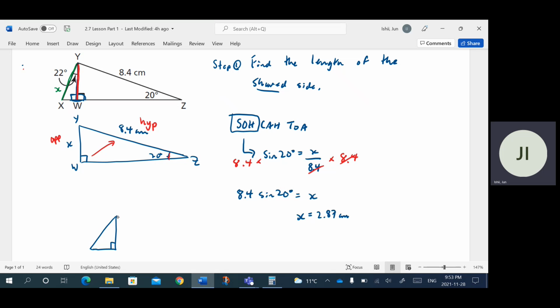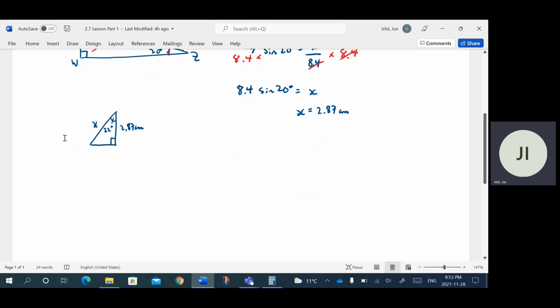In this step, I'm going to find the length of YX, the green line here, so I'm going to label this x. This angle inside here is 22 degrees, and we found in the first step that this length here is 2.87 centimeters.